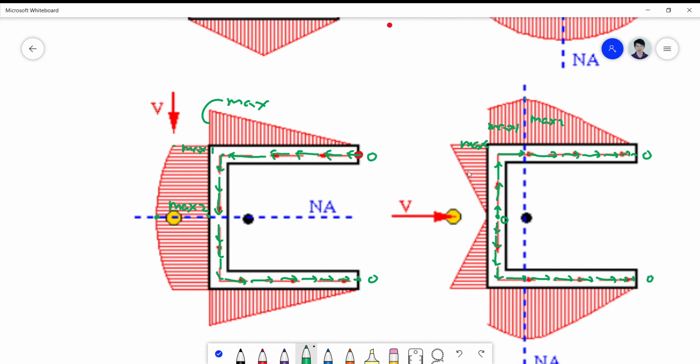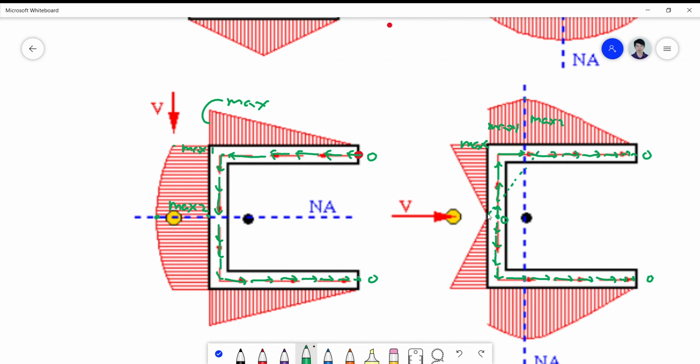So some draw this diagram to be oppositely directed like this, but maybe it's proper to do it this way.